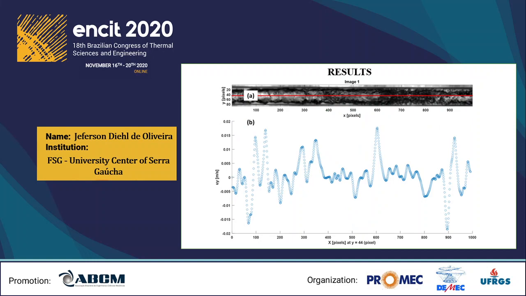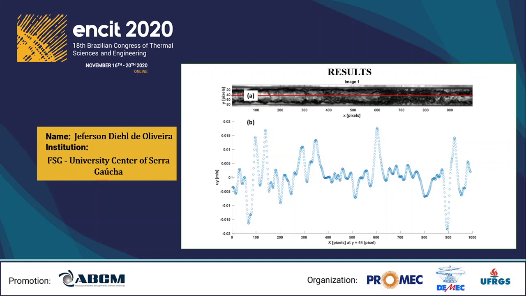A churn flow regime was observed with a global interface y component of velocity ranging from minus 1.8 centimeters per second to 1.8 centimeters per second at the radial position equal to 44 pixels along the flow, the red line here.